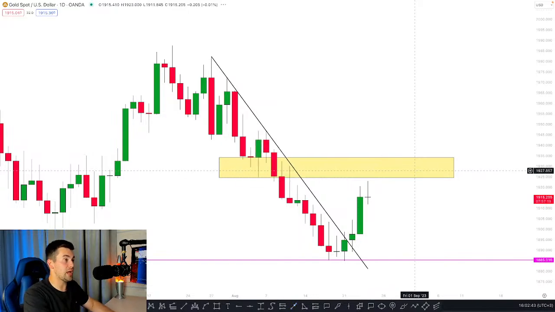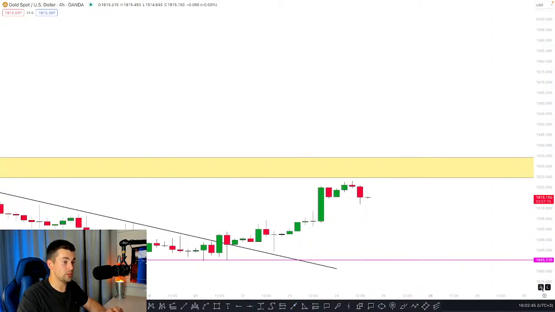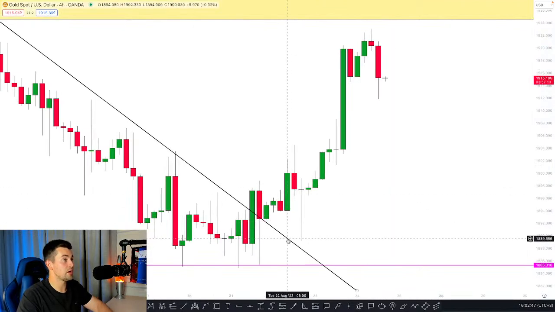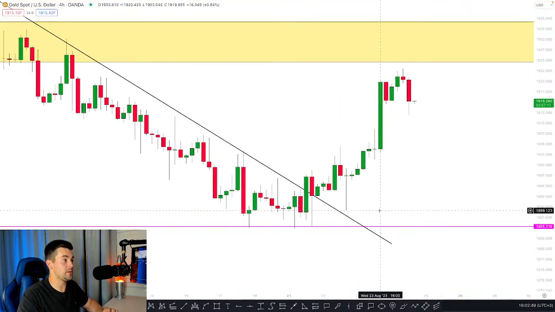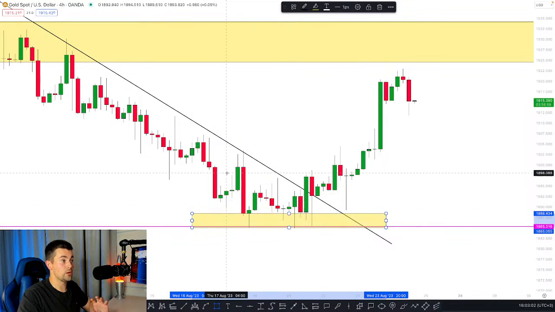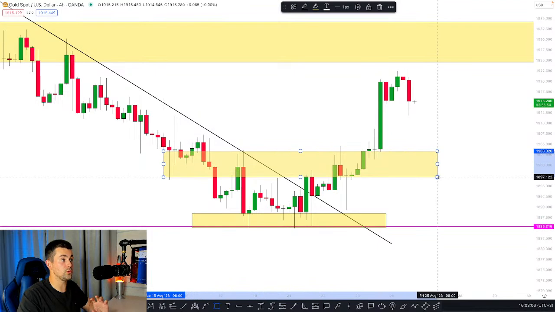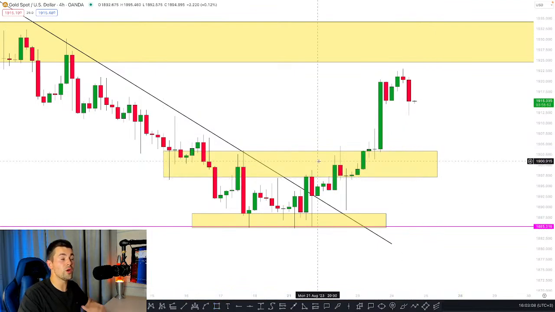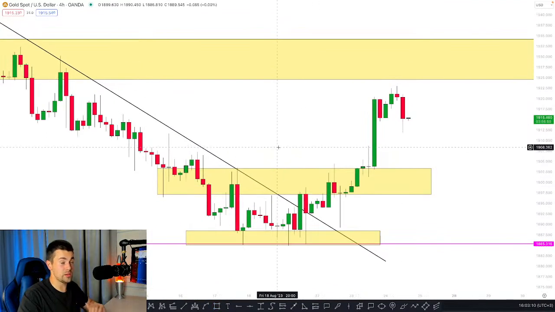Now let's check what is happening on the intraday time frames, and let's check what was happening here, because the price action on the 4-hour time frame here was very telling. On the 4-hour time frame, once the price reached our horizontal support, you can see that then the market started to consolidate, and we were trading within that horizontal trading range.